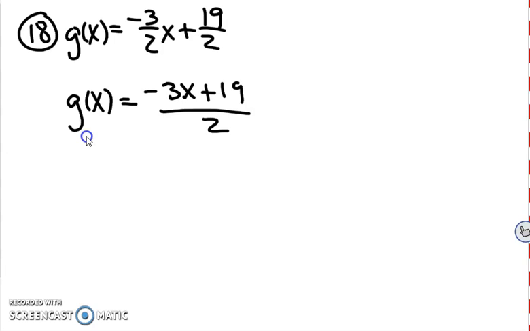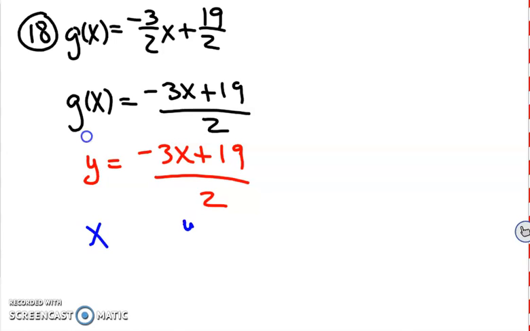Then from there, replacing the g of x with y. Then exchange the x and the y. And then start solving for y.